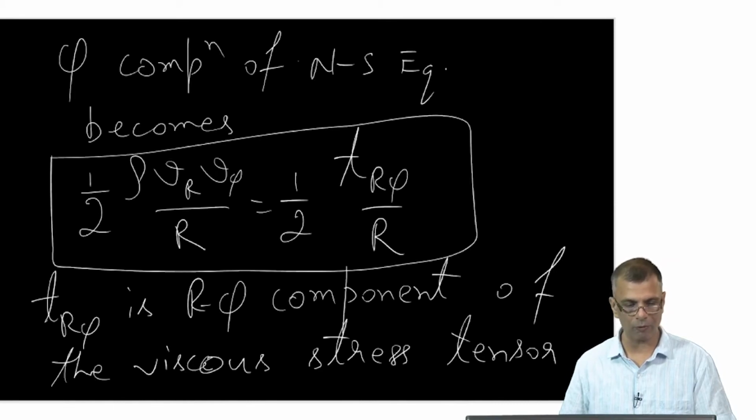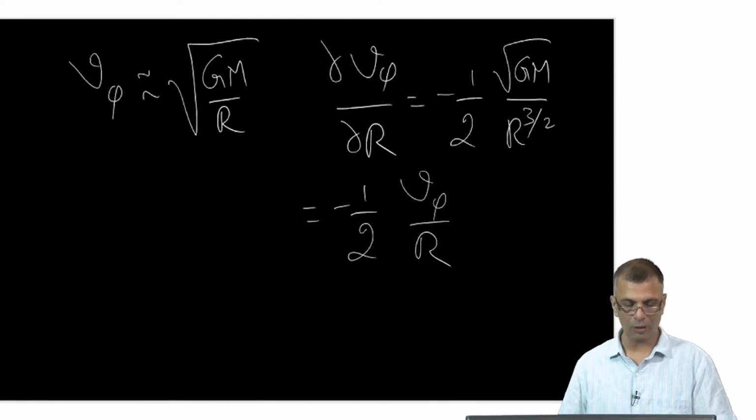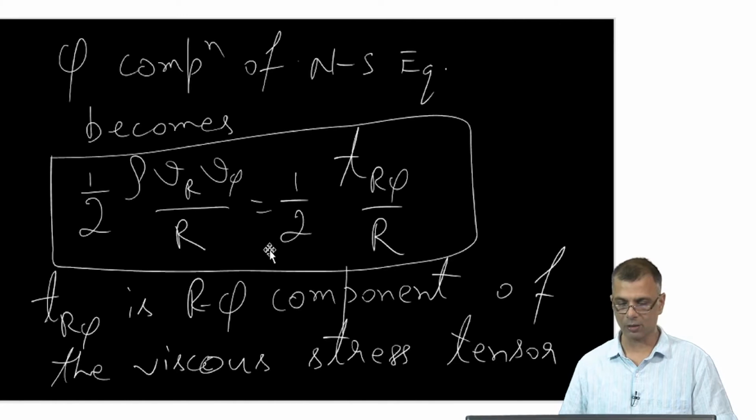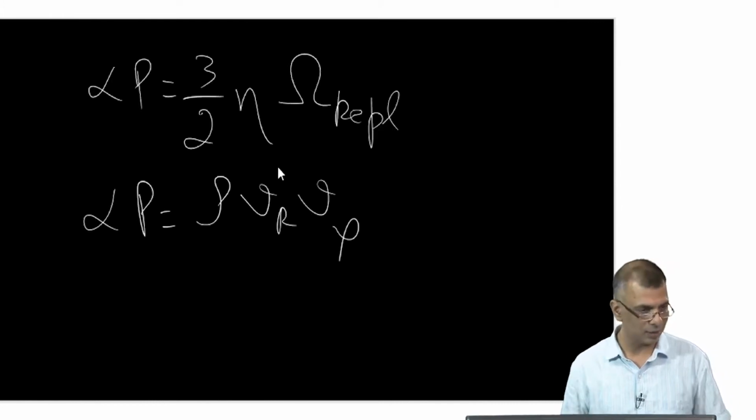This simply came from the phi component of this, and this was simplified using this. So, essentially rho Vr Vphi is nothing but Trphi, which in turn is alpha p. So, we are back to this. We equate rho Vr Vphi to this guy, and this helps us get a very interesting result.